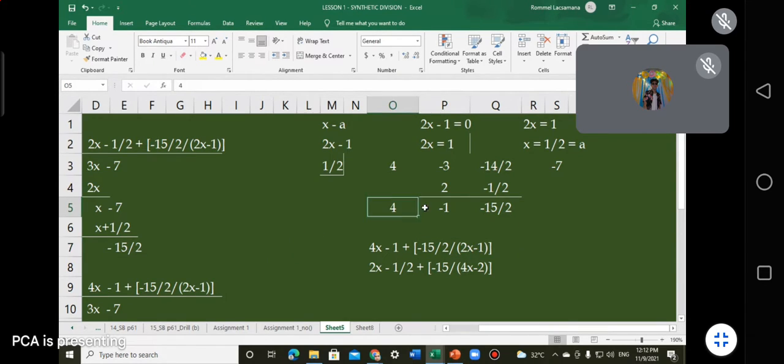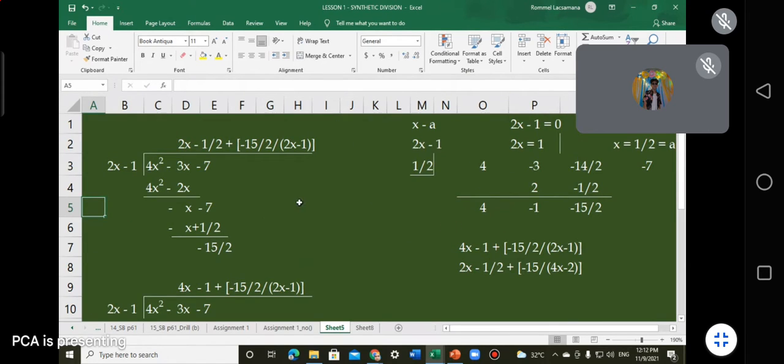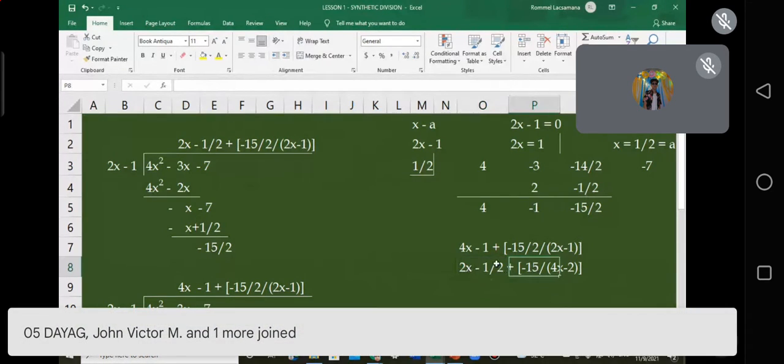Now I have my quotient, and this is my remainder, -15 over 2. This is why if you have that in the long division, ito ang mangyayari sa inyo. But take note, I'm not using 4x minus 1. Why? Because the final answer as your quotient and remainder is this one.